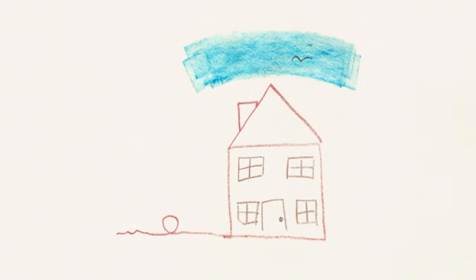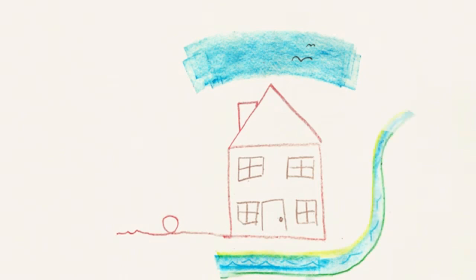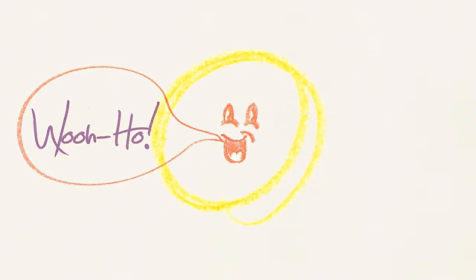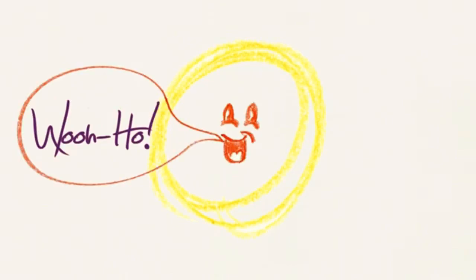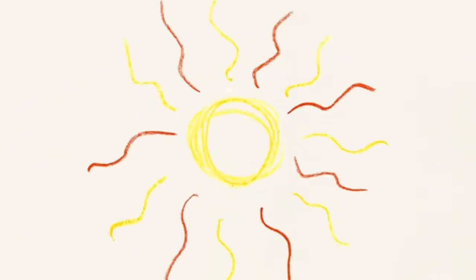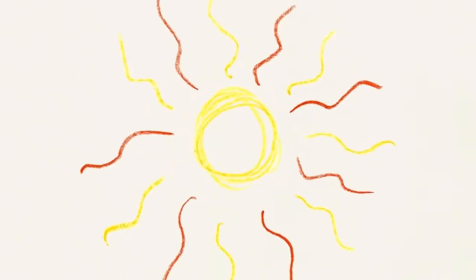She adds an M down to that sky. Now there's a river running by. She draws a circle for a sun. And it shines and she shines.